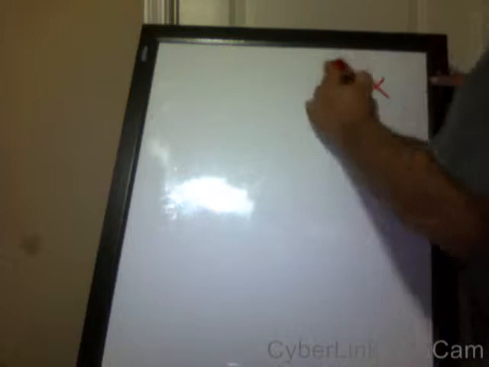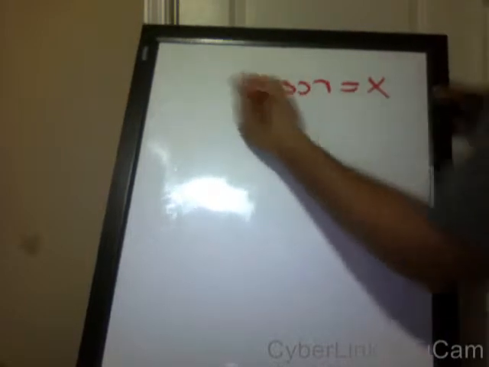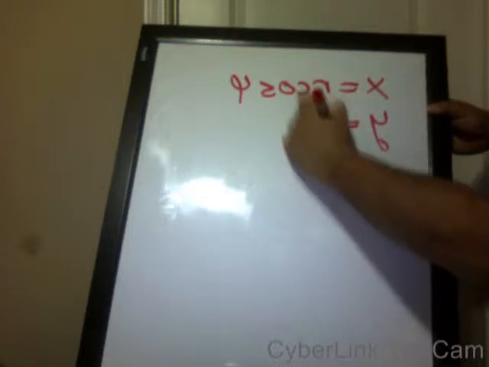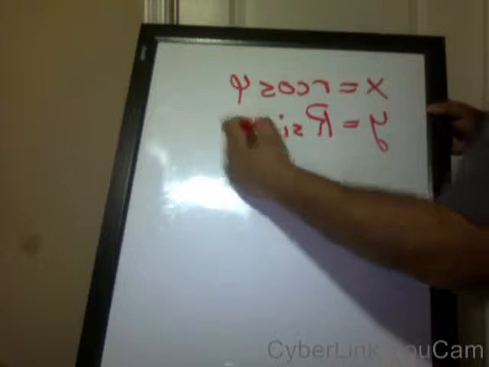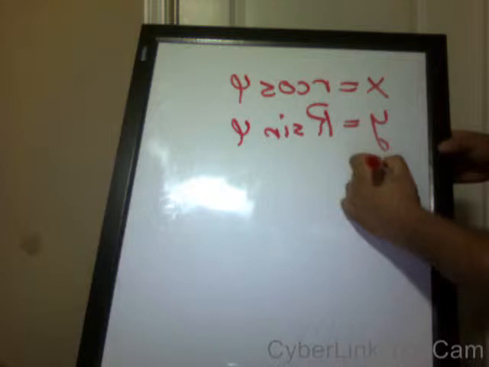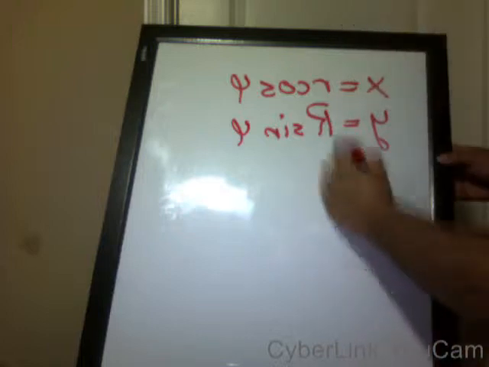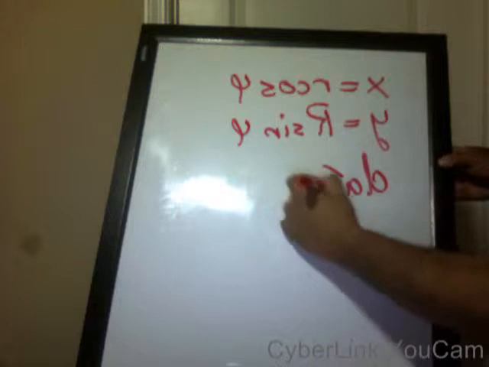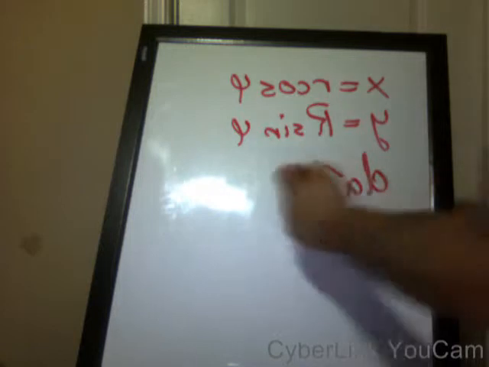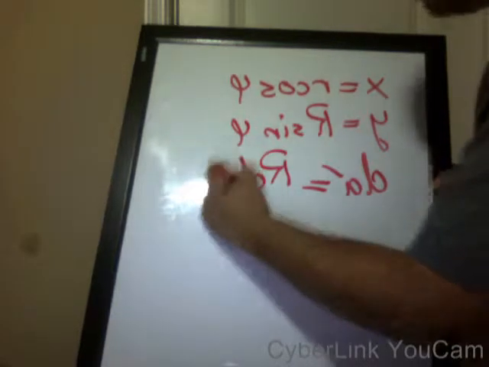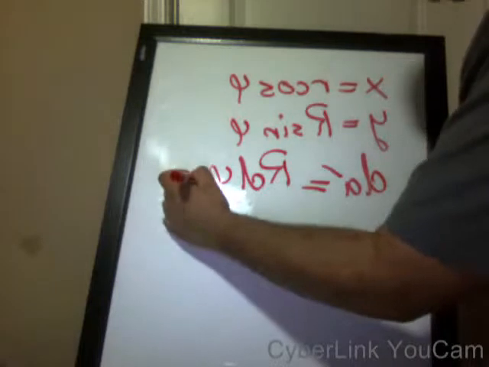So here's our conversion over to the cylindrical coordinates. x, of course, equals R cosine phi. y equals big R sine phi, and instead of just z, we're going to use z. dA prime is equal to R d phi dz.